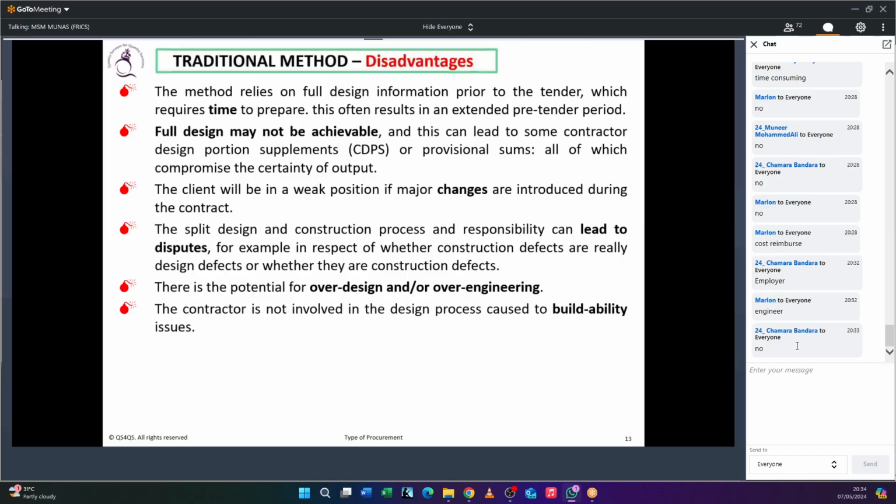If the contractor is involved in the design, that brings a buildable design. Sometimes some consultant designs are not able to be built, so it is going to go for a variation process. Again, if you go for a variation, what will happen?